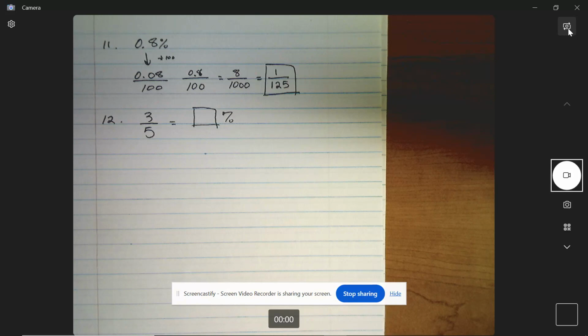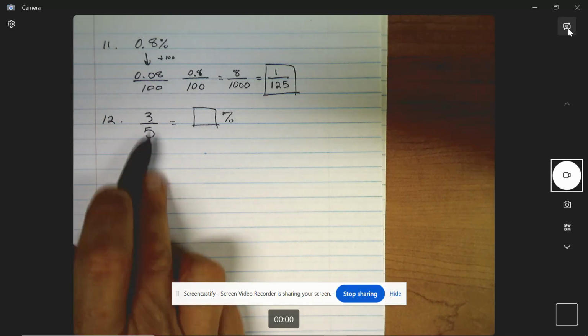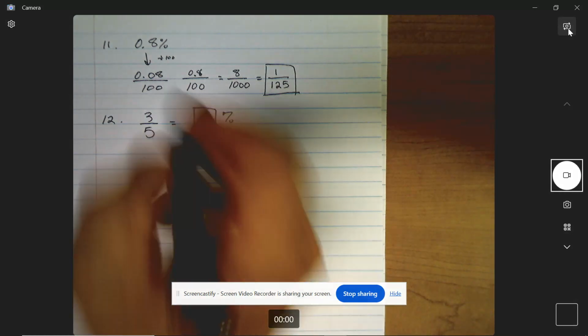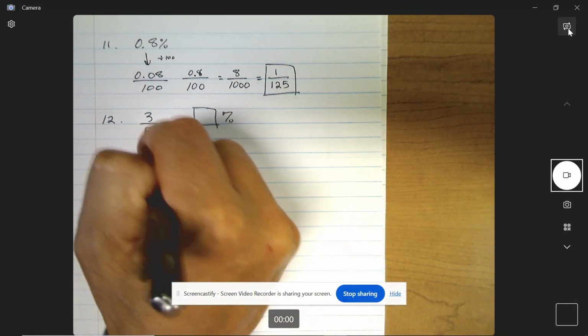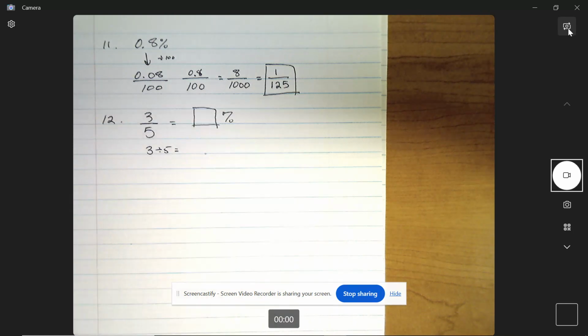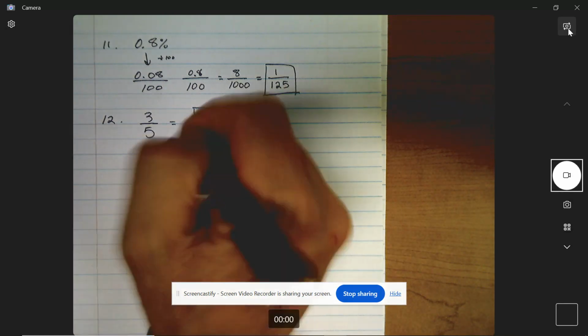Do we remember how to turn a fraction into a percent? The first thing I would do is turn this into a decimal. So if you take 3 divided by 5, that should be 0.6. Yes.